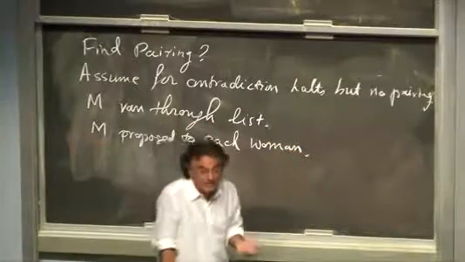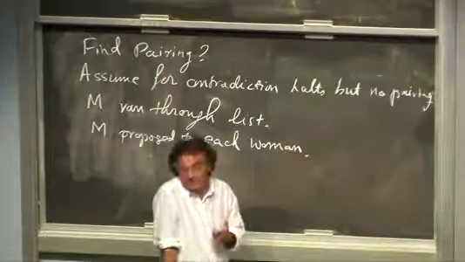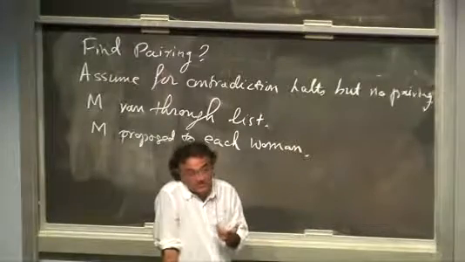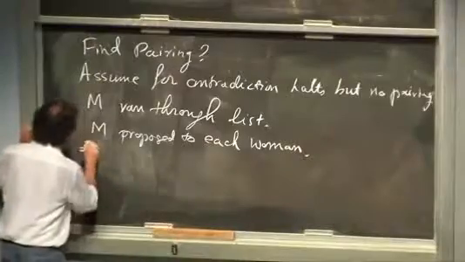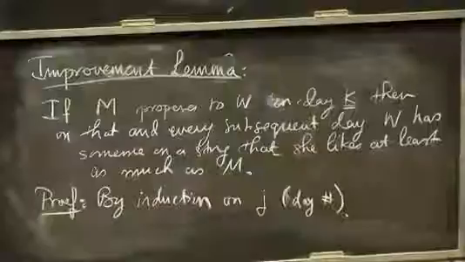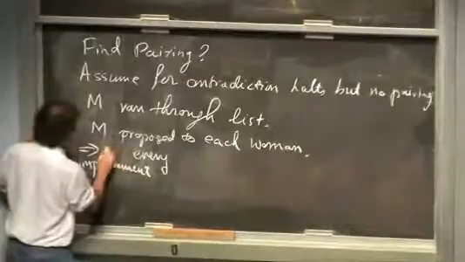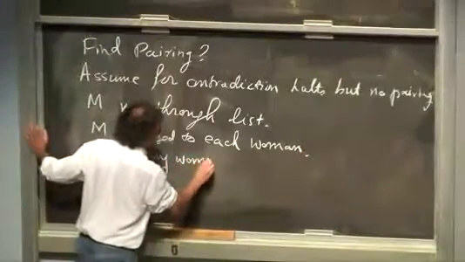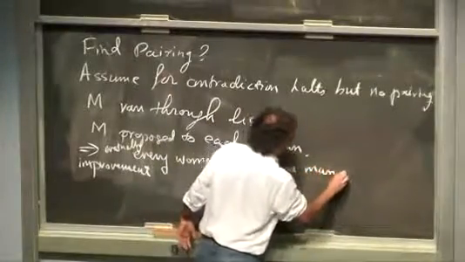By the improvement lemma, what we know is that every woman has somebody on a string. They have to be different people on a string, right? By the end of the algorithm, which implies by improvement lemma, eventually every woman has some man on string.